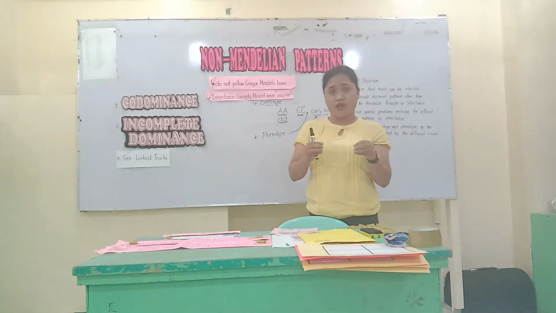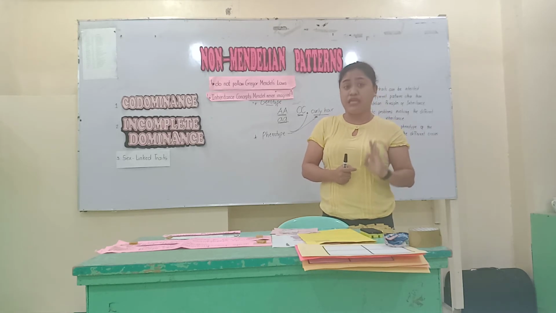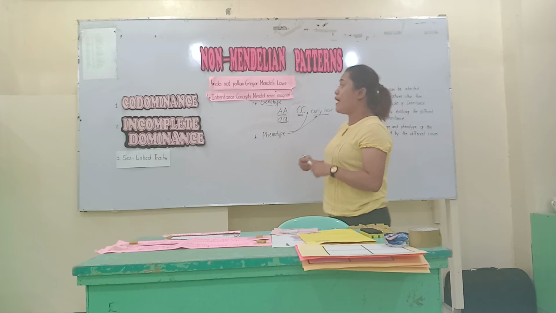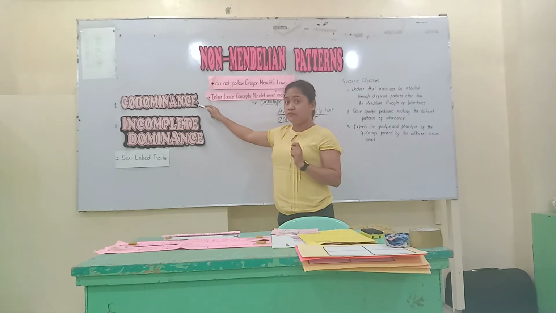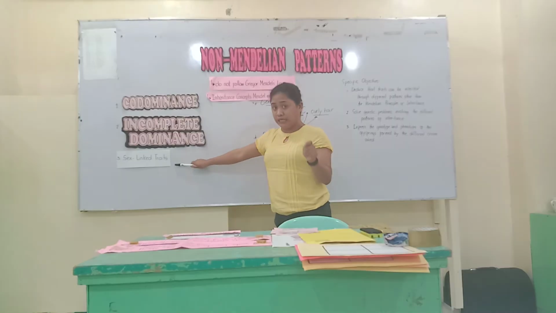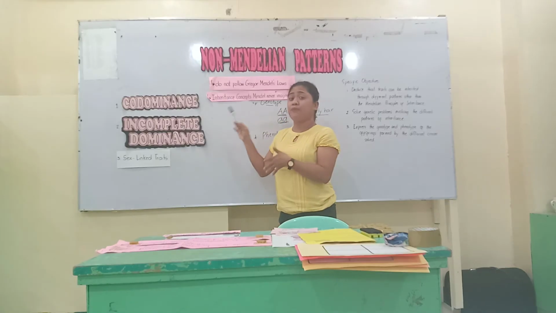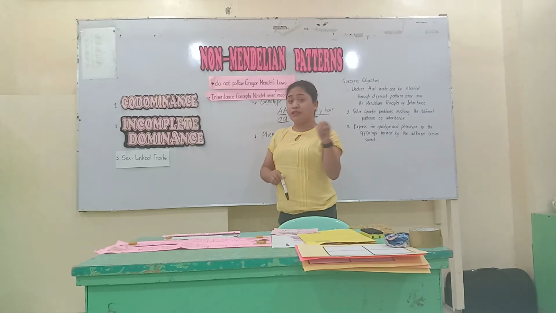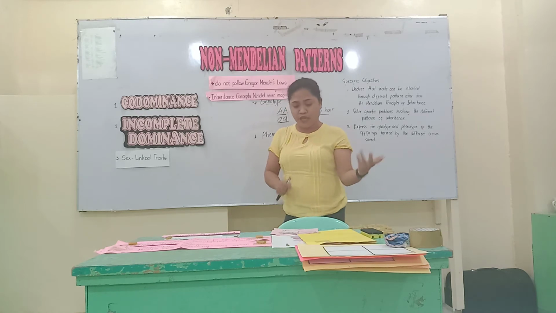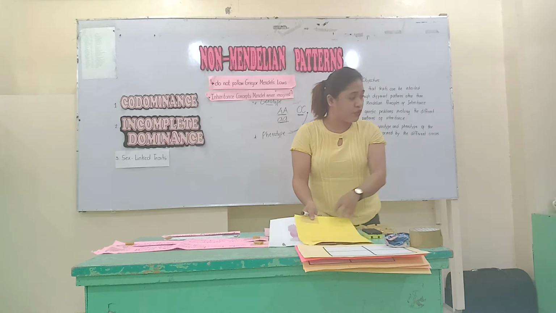For this video, I'm going to focus on three non-Mendelian patterns of inheritance. First, we have codominance. Another, incomplete dominance. And the third one is sex-linked traits. Now, what are these non-Mendelian patterns of inheritance? We will take them one by one.